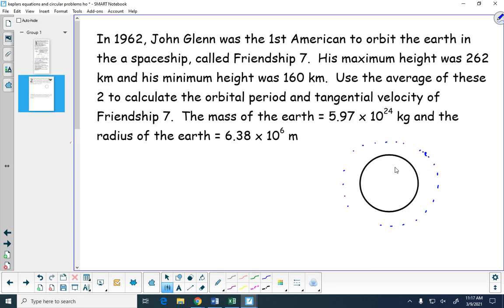Since they have two heights here, 160 kilometers and 262 kilometers, we'll just take the average of those two. I think he was just happy to make it around 3 times without falling back to the Earth.